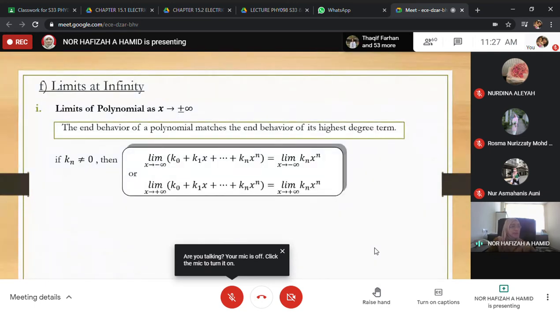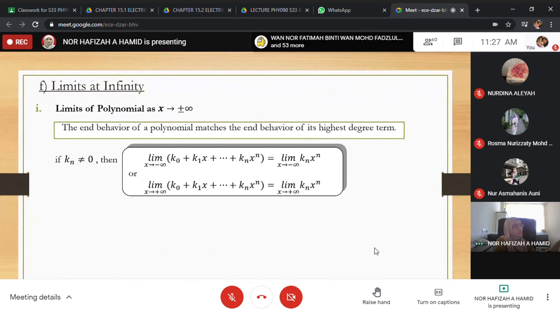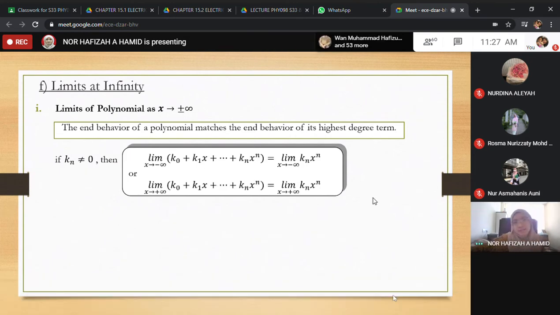Okay, so limit at infinity. So the difference from our previous lecture is that your x approach to positive or negative infinity.